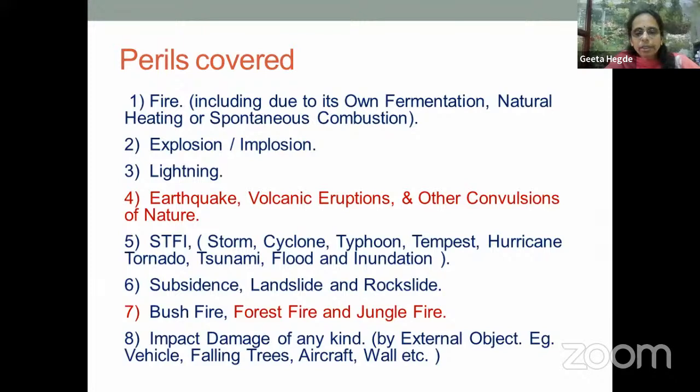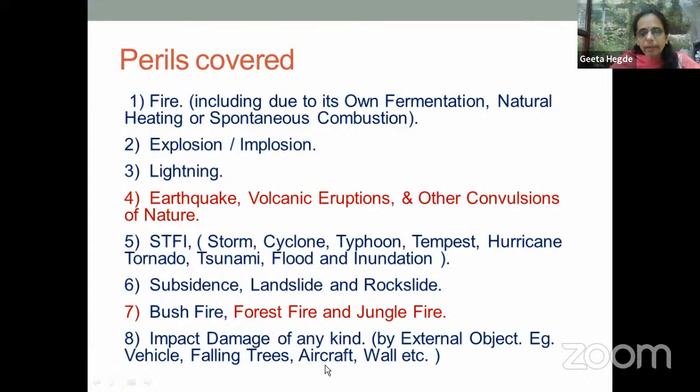Now the major difference is that the aircraft damage was a separate peril under SFSP policy, and it was applicable for any policy under SFSP. Like SFSP policies, before the new policies were introduced, all the perils were same for all policies. Now aircraft damage has been added along with impact damage, so one peril has been reduced.